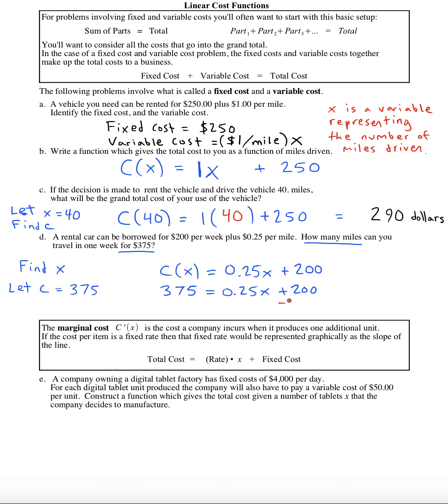Okay, so you'll want to just subtract. We've got 175 equals 0.25x. We'll divide by 0.25.